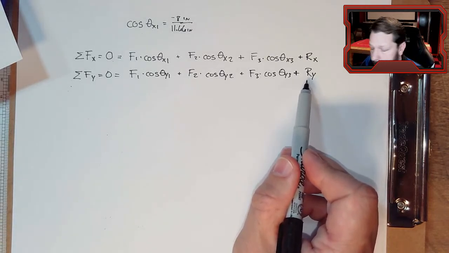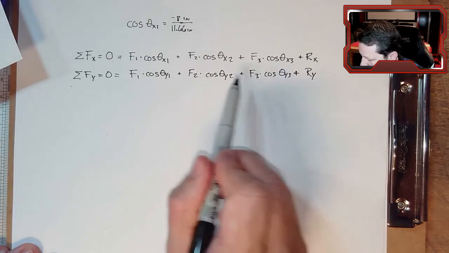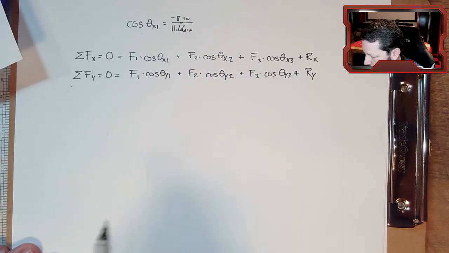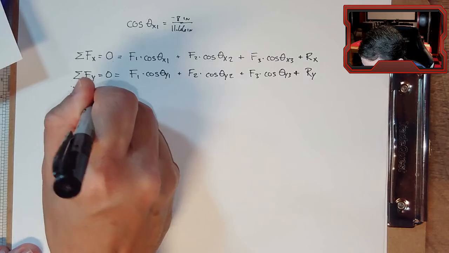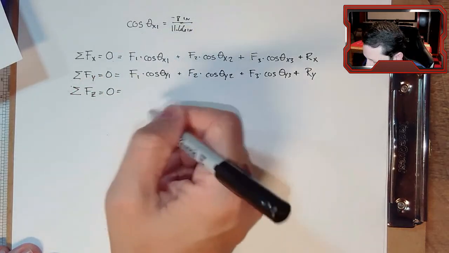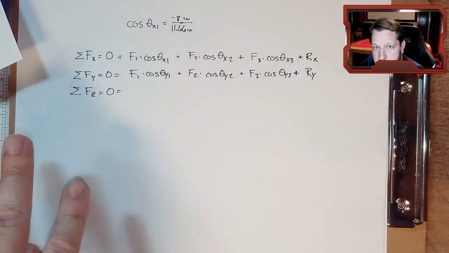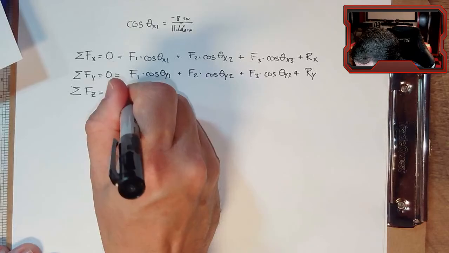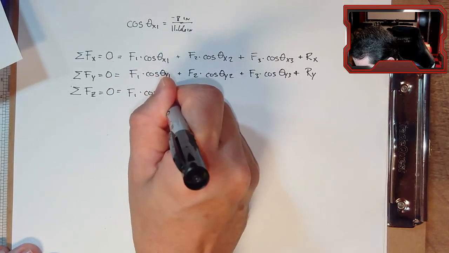Ours has 0, but it could have some number there. And then the angle is now the angle between the y-axis and force 1, force 2, and force 3. When you're creating these systems of equations that you want to solve simultaneously, you have to be particular about the way you do things. And I'll show you the particulars once I finish writing this equation.